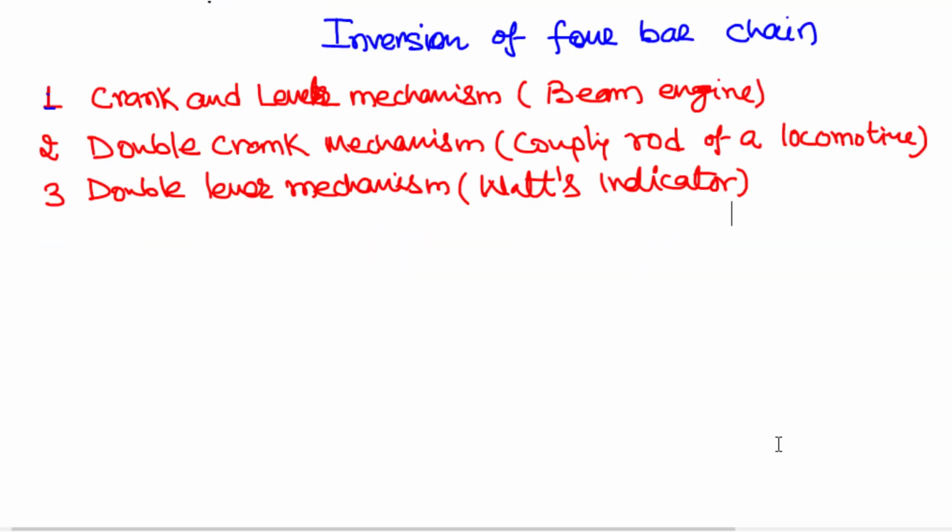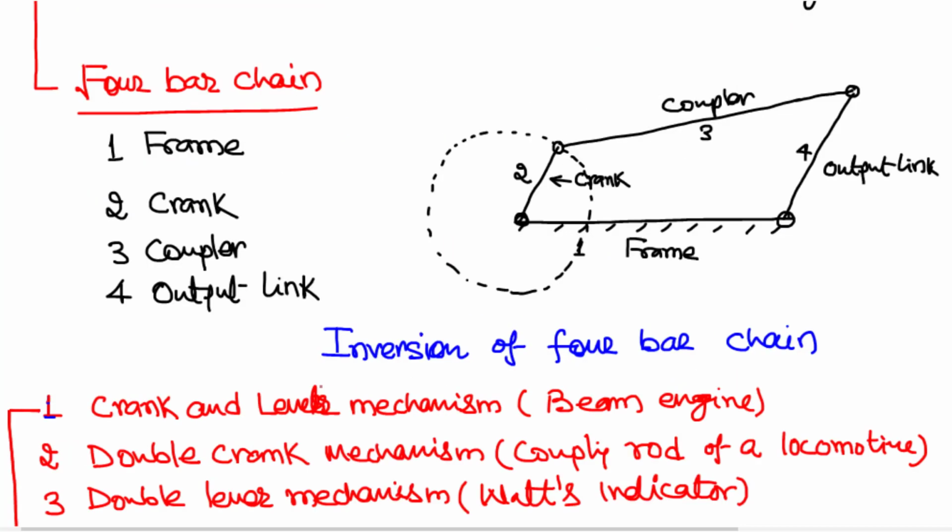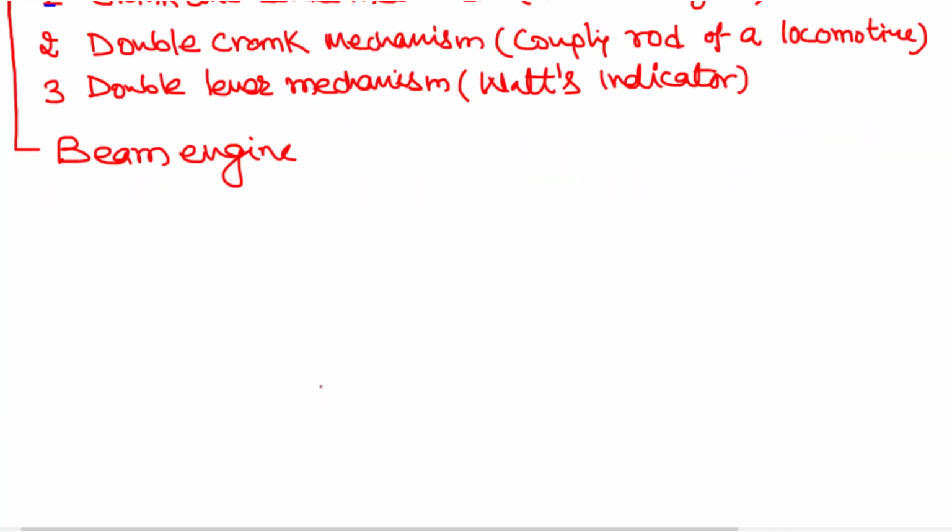Now the diagram of the beam engine mechanism. Beam engine has one crank, frame, crank, coupler, and output link.